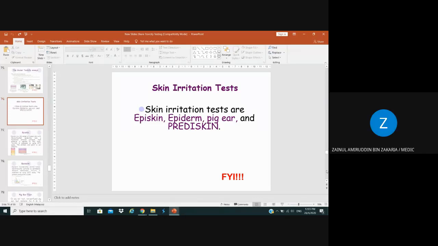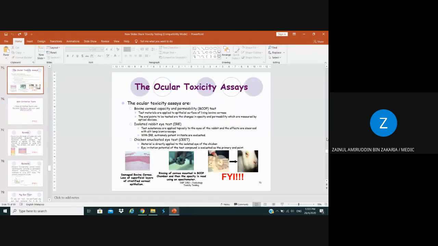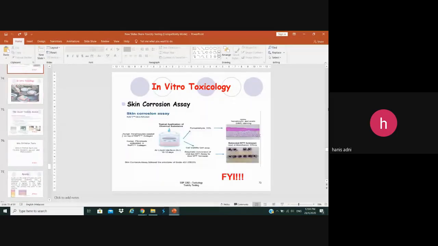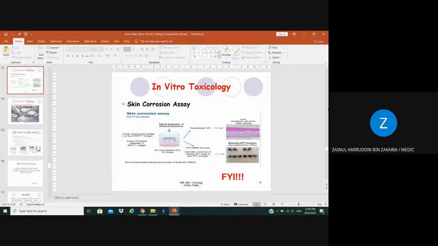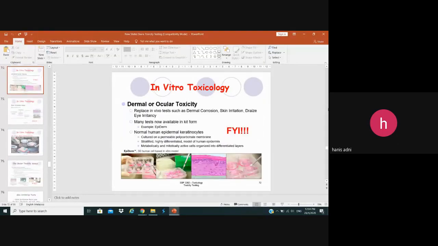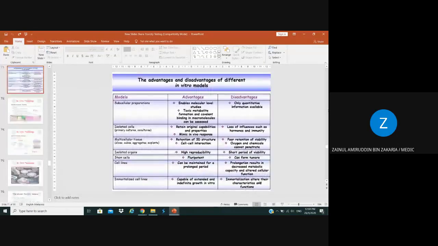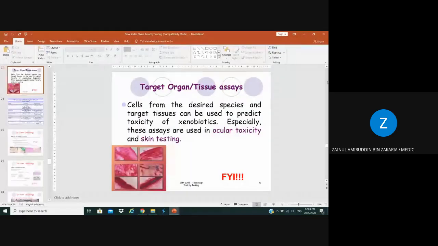Using graphics, they present to you how to do the test. Just for you to know what the available models are. What you need to know is that there are in vitro and in vivo models, and what the advantages and disadvantages are.